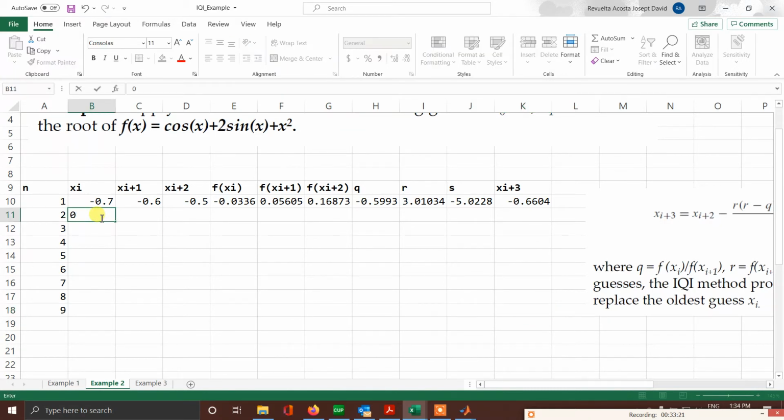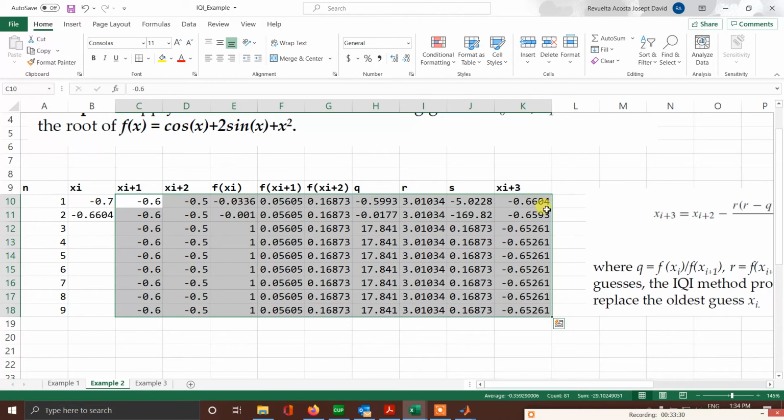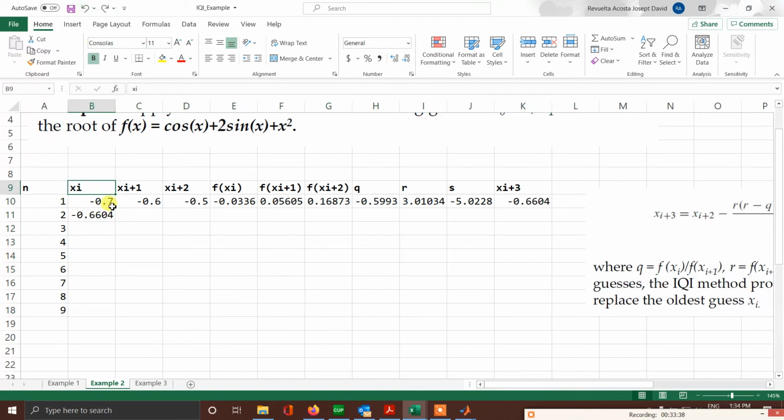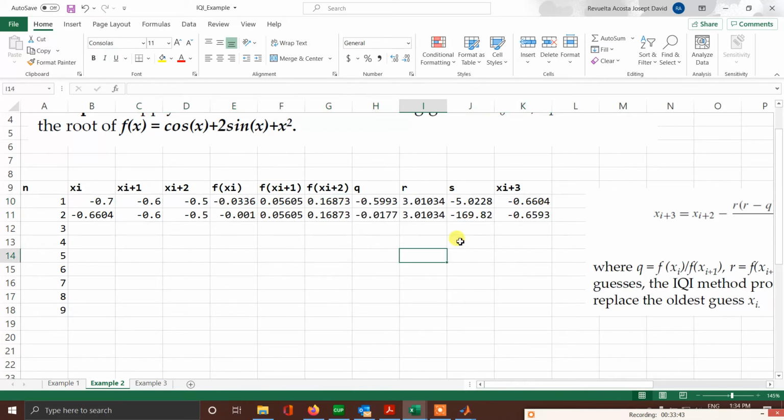You see here that we have a solution very similar to what we have in the other one. We just update this column again, similar to what I have here, and then we obtain the solution. If we compare the solution here and the solution in the secant method, the solution is equivalent. It's actually the same thing.